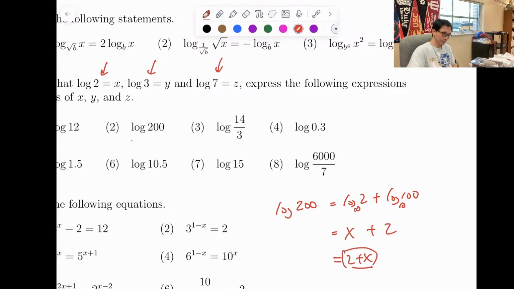Two plus x. That's what I said. Wait, how did you get from log 10 to log 2? Okay, so 10 to which power is 100?